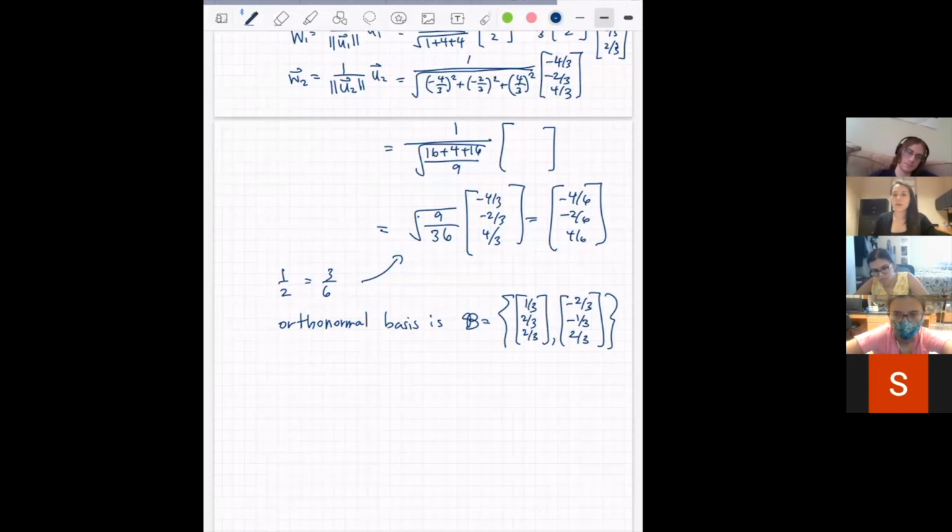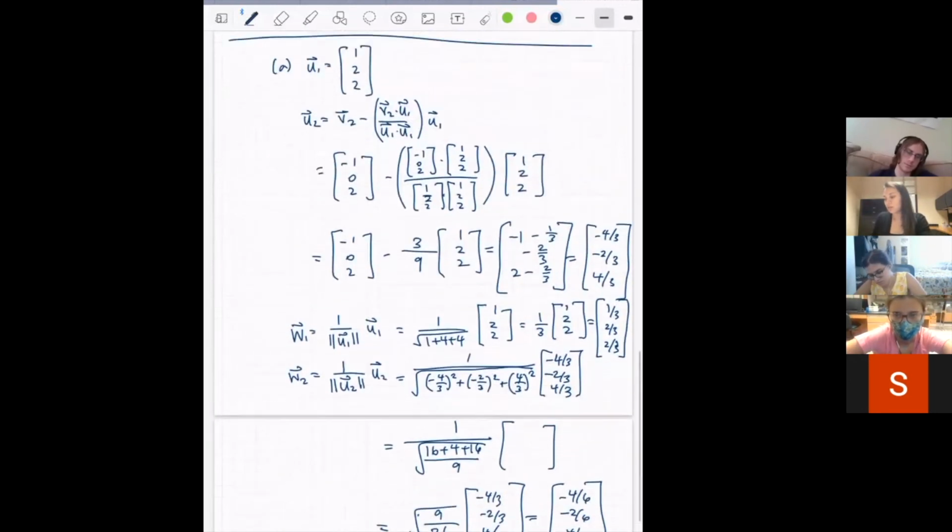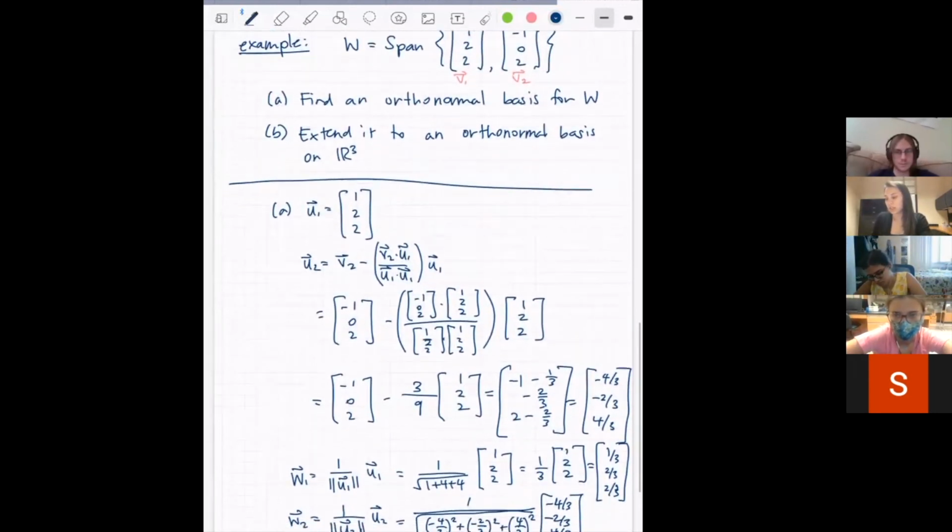The second part wants us to extend this to an orthonormal basis on R3.